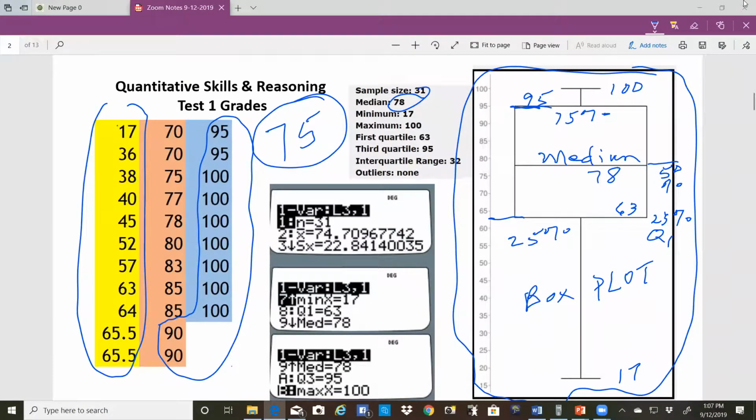Does anybody have any comments on the calculator? Do y'all feel comfortable with it? Don't hear anybody say anything. Miranda, does it work okay for you? I actually have a different calculator, but it's the same type of calculator.